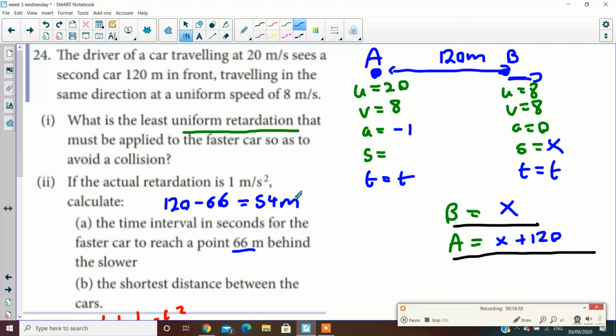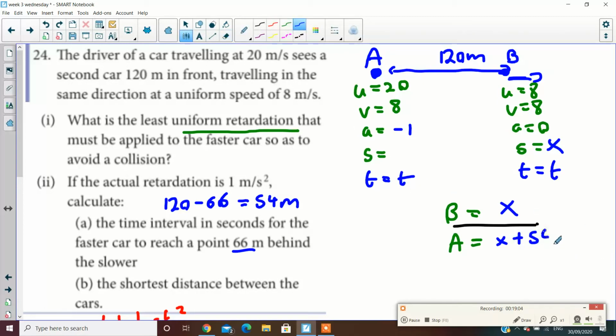Now, in this 54 meters, what I'm going to say here is that A has to travel 54 meters further than B. Would everybody agree with that? To bring us 66 meters behind, A has to travel 54 meters longer. So I'm going to change this to what? x and x plus 54. Okay.